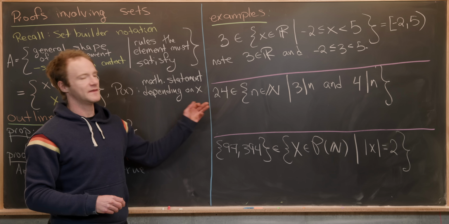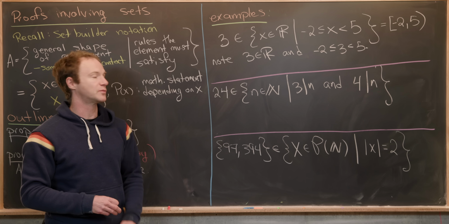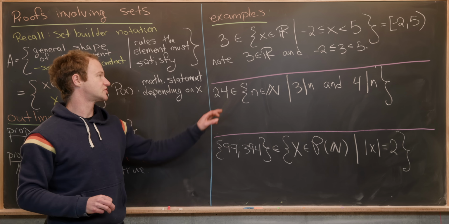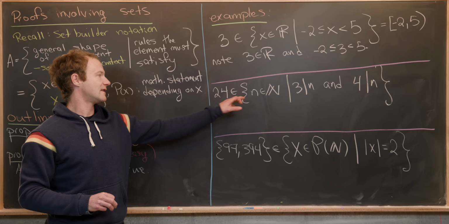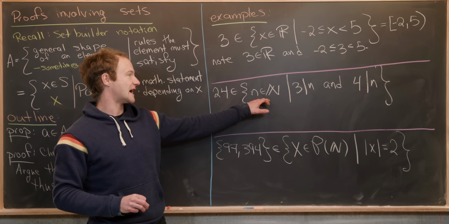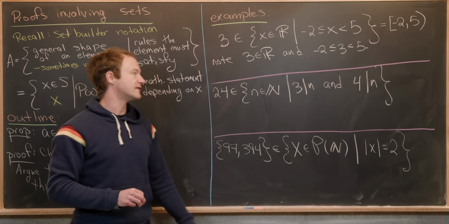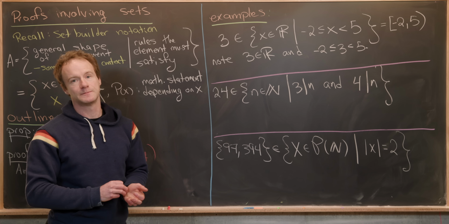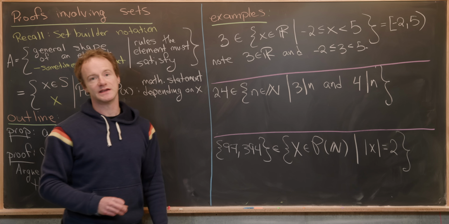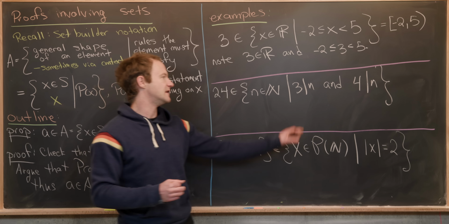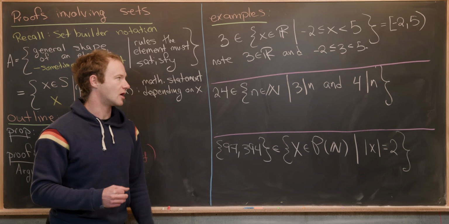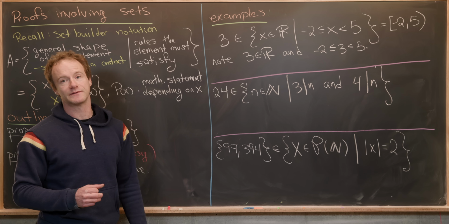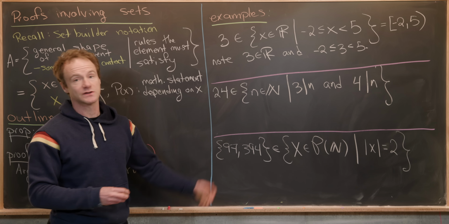Okay, let's look at one that's a little bit more interesting, although still pretty clear: 24 is an element of the subset of natural numbers n such that 3 divides n and 4 divides n. The general shape is natural numbers, and the two rules that must be satisfied are that they are divisible by 3 and divisible by 4. Let's check that.